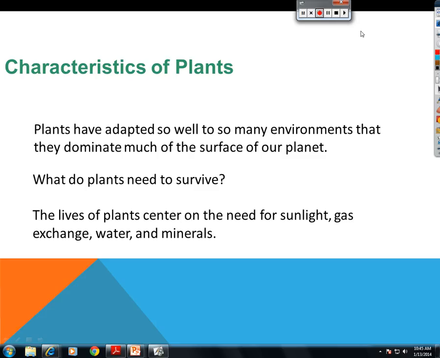Now, in elementary, you're taught, oh, plants need sunlight, water, and soil. But remember that not all plants need soil. And the plants that do need soil, obviously, soil allows their roots to take hold of the land and to stand up firm. But that's not the only reason. The big reason is because soil contains minerals.